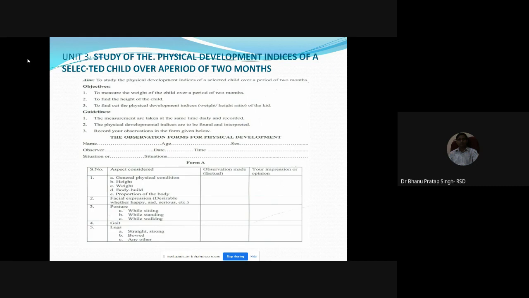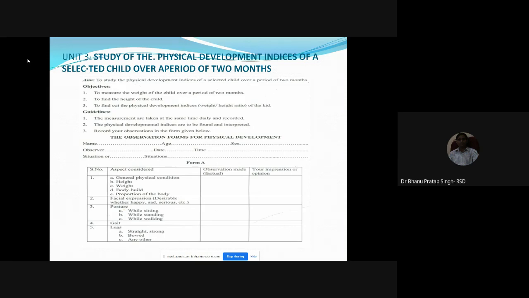So the guideline: measurements are taken at the same time daily and recorded. Daily is not possible, otherwise it will be lengthy, so you may take it weekly. Physical development indices are to be found and interpreted, and record your observation in the given format.